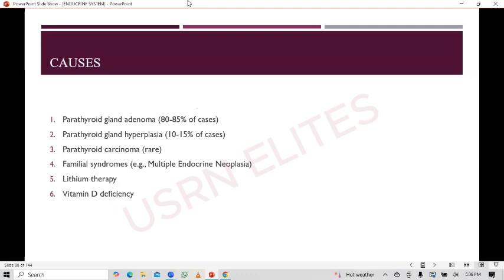So there will be stimulation. The body will try to stimulate itself and produce more parathyroid hormone. Here is when the body will now try to look for a reservoir. One of the reservoirs is the bone. So if I'm not having enough calcium, why don't I reach out to the bone, bring the calcium from the bone into the blood, so that will be okay. That is when the bones begin to become affected.